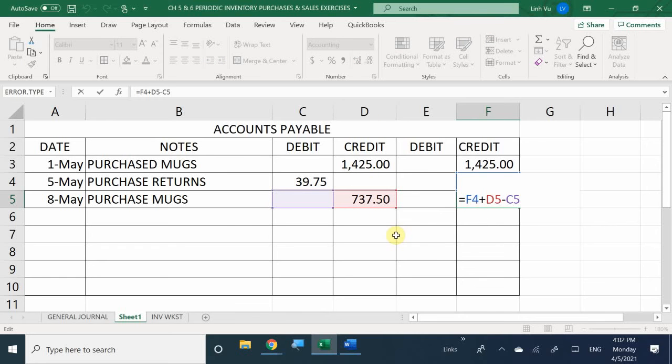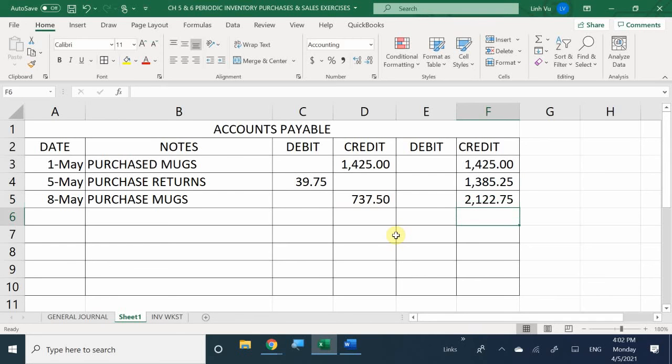And I'm going to subtract any debits. In this case I don't have a debit, but I do have a credit. It's going to increase my amount that I owe, my accounts payable. So if I press enter, there you go. Now it should be 2122.75. And what you can do here too is drag that formula out.